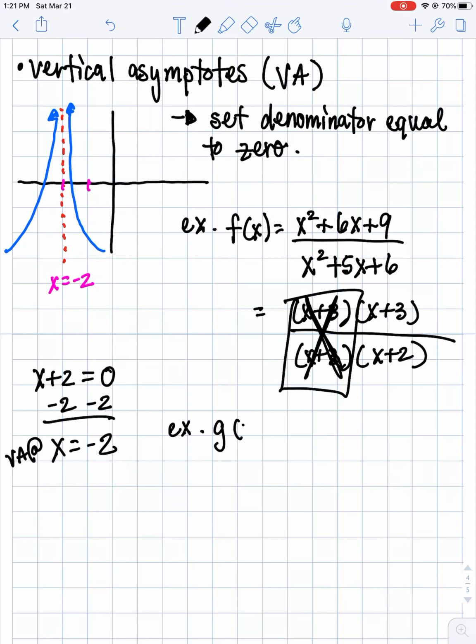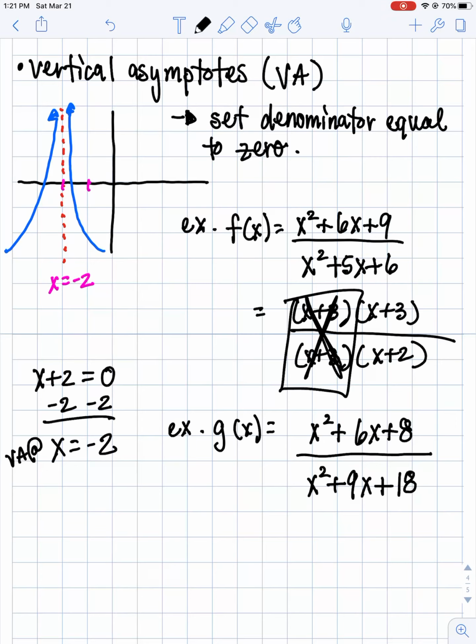Okay, so let me give you one more example of this. What if I have g of x and I let it be x squared plus 6x plus 8 over x squared plus 9x plus 18?